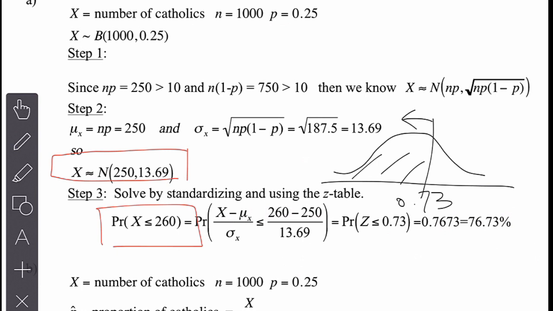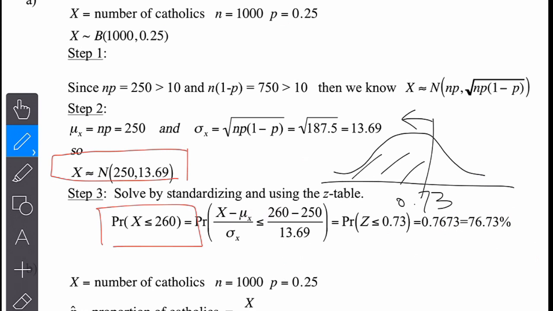Almost 34% chance that you'll find more than 260 Catholics, if you wanted this other side, but that's not the question. Okay, what if we answer the question for the proportion of Catholics as opposed to the number?